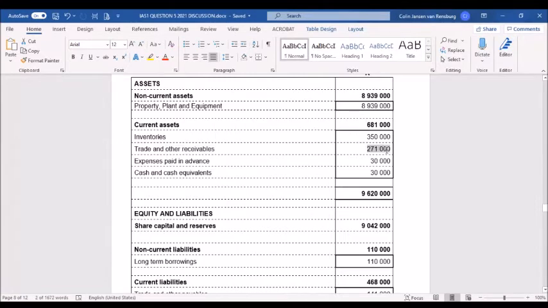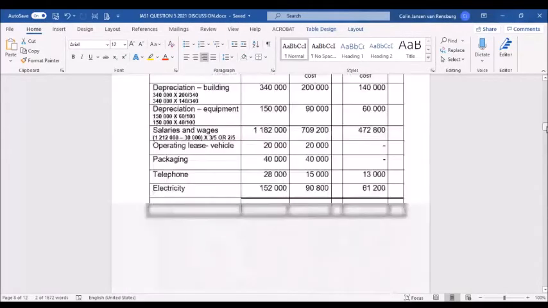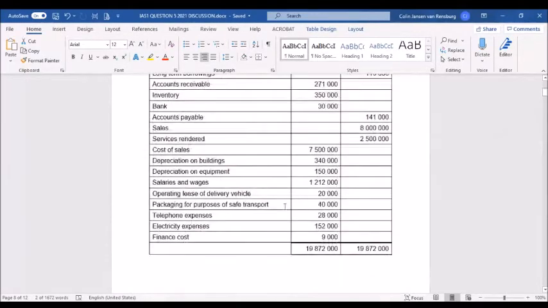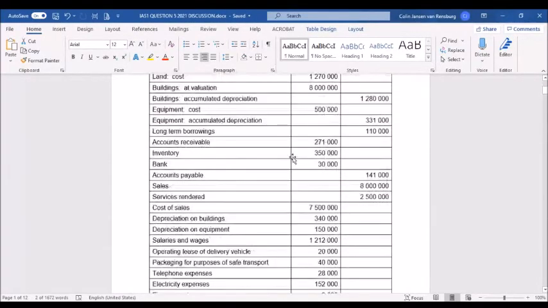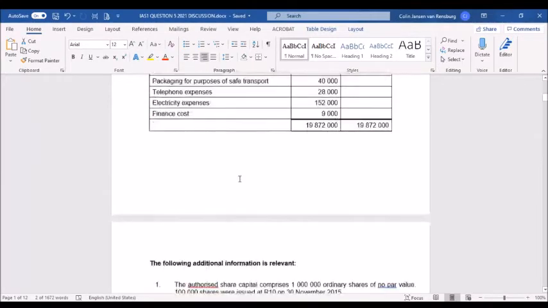So that 271, we get from the trial balance, but we did refer to the journal entries just in case. We did not have expenses paid in advance on the trial balance, so it appears nowhere amongst our current assets. But again, we must refer to our journal entries as well.